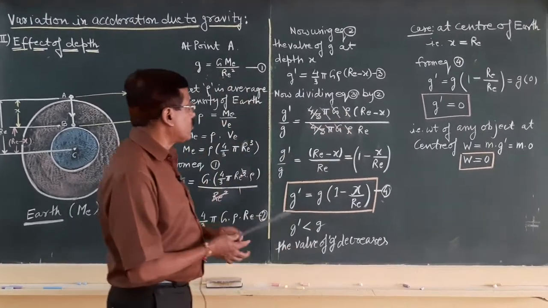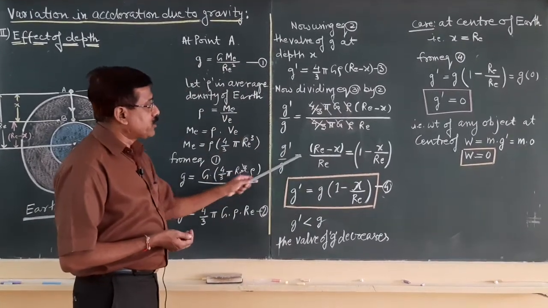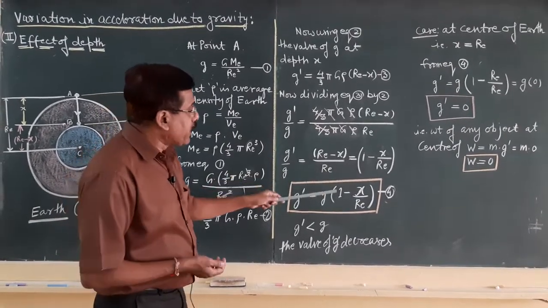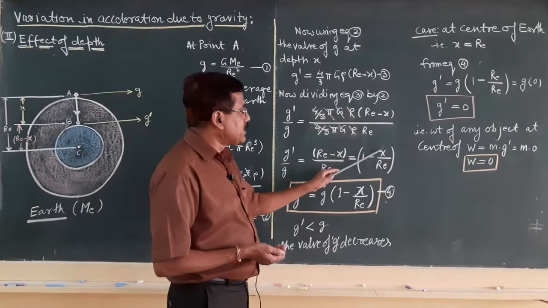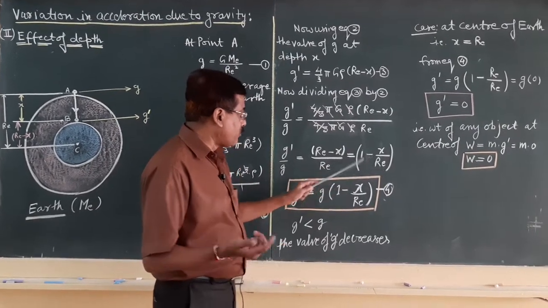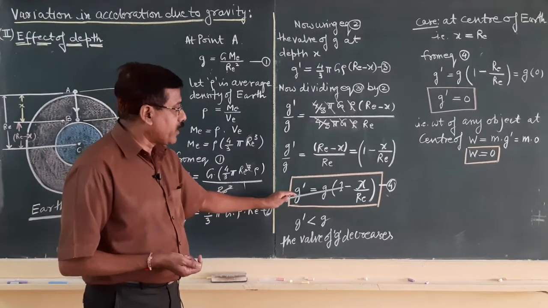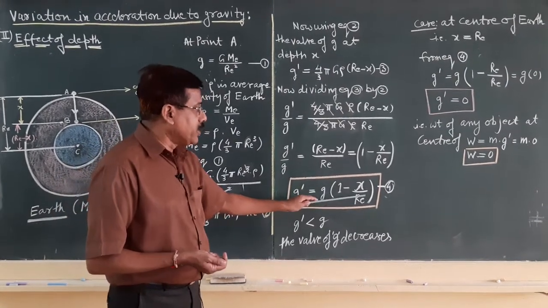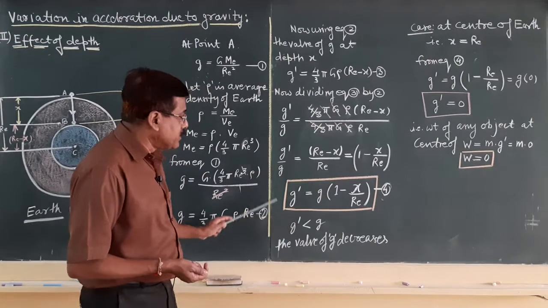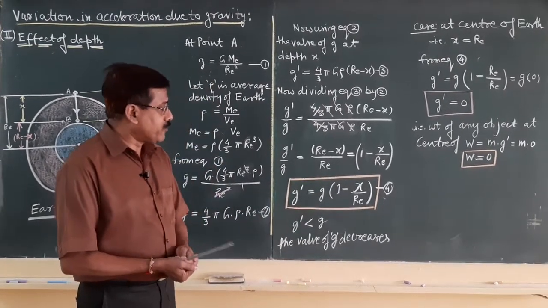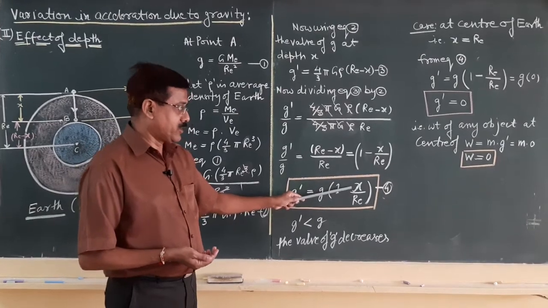Now, we have only g dash by g is equal to Re minus x by Re. It can also be written as 1 minus x by Re. So, finally, g dash is equal to g times 1 minus x by Re, equation number 4. By this equation we can find out the acceleration due to gravity at depth x.